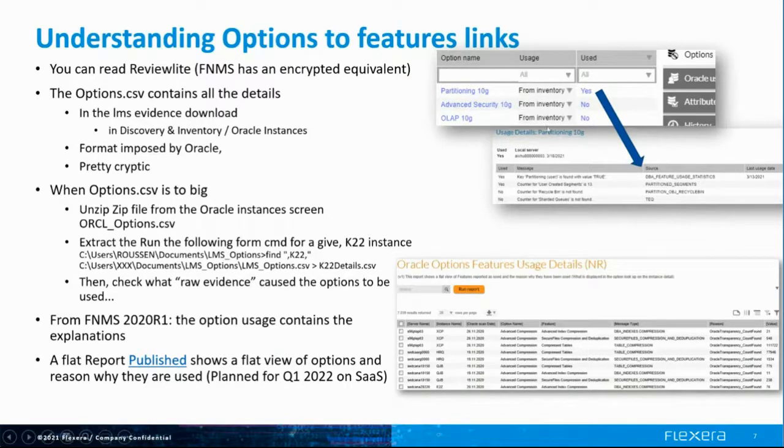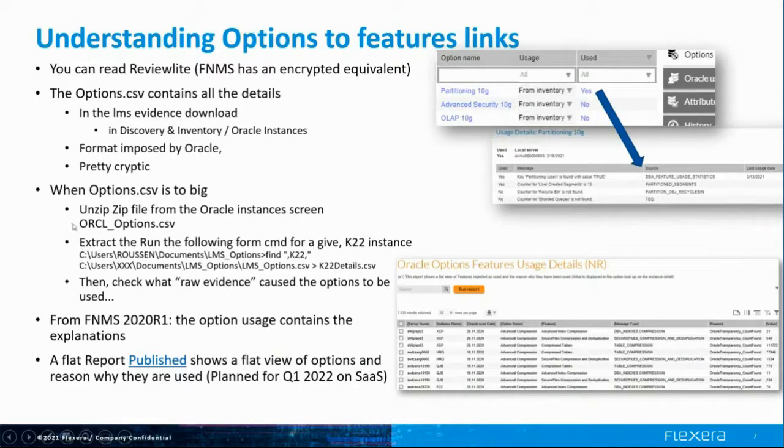Each time you have an instance which is used, you can run this query, and you will get, for the instance where you saw use equals yes, partitioning, what caused the usage, and for instance a last usage date on this partitioning user found for value equal true. So this is a little bit cryptic, but way easier than trying to understand the options.csv file.